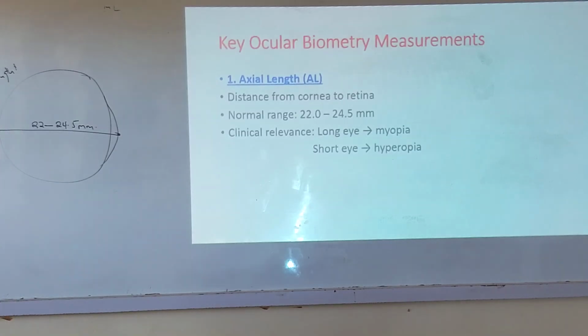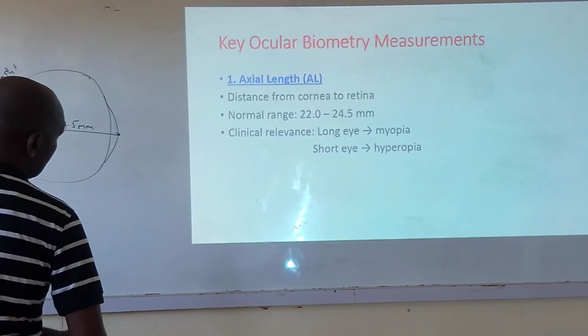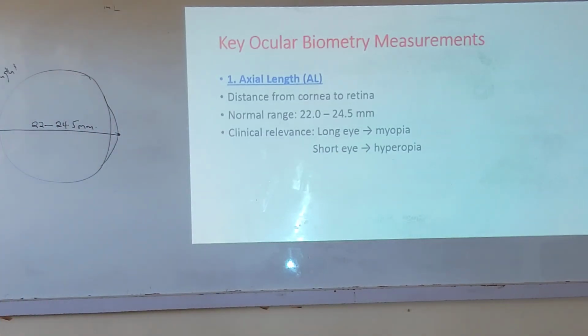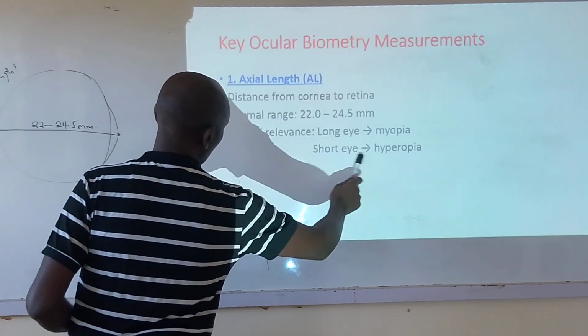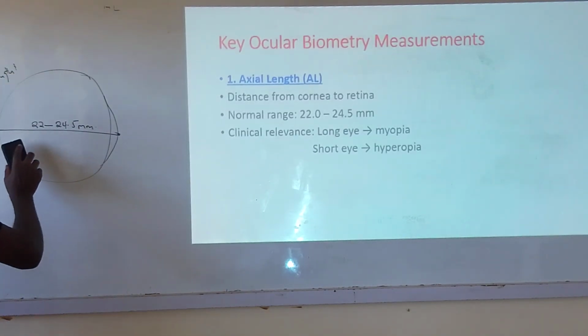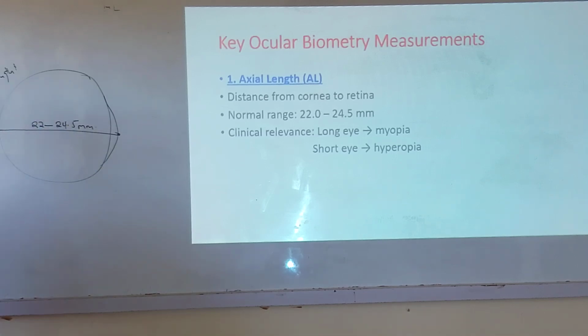We shall see the correlates. The correlate is that a long eyeball will give you myopia, while a short eyeball will give you hyperopia. So what does that mean in simple terms? It means that this axial length, the normal range is 22 to 24.5.